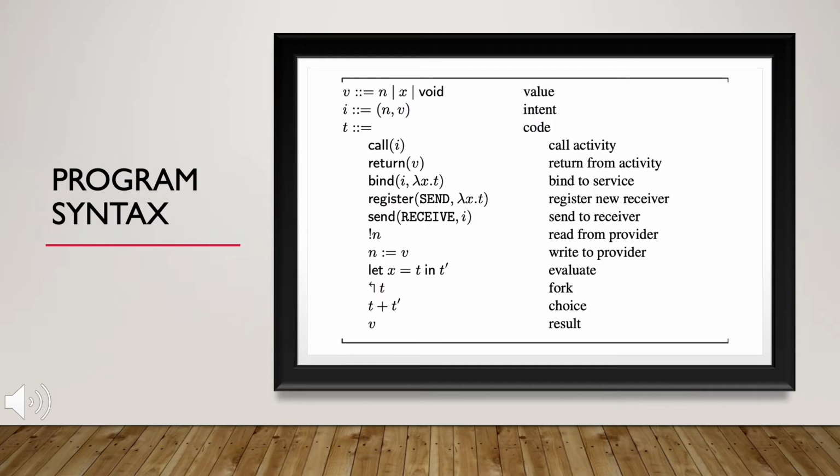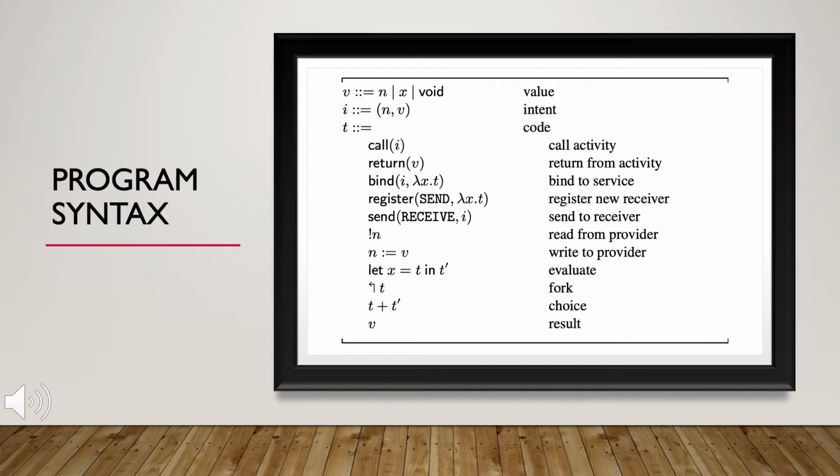Now we're at the program syntax part of the presentation. This part of the presentation is absolutely imperative to understand, considering that this will be the base fundamentals throughout Avik's language. We have V, which equals value, I equaling the intent, and then T equaling the code.